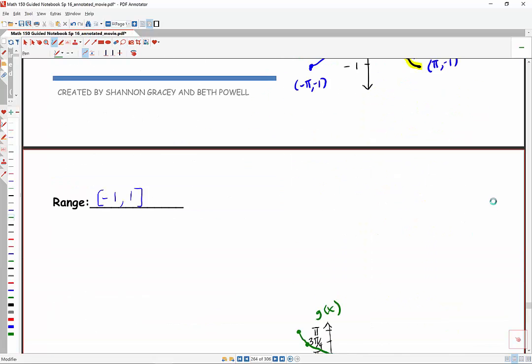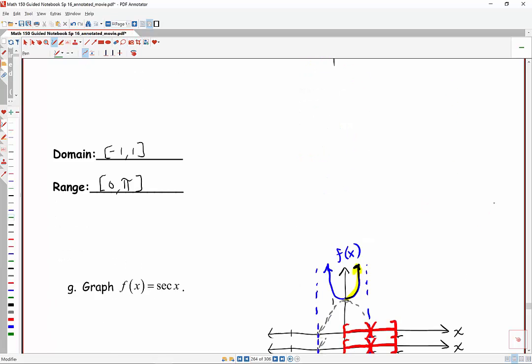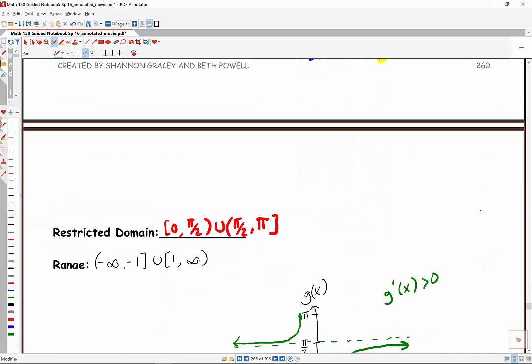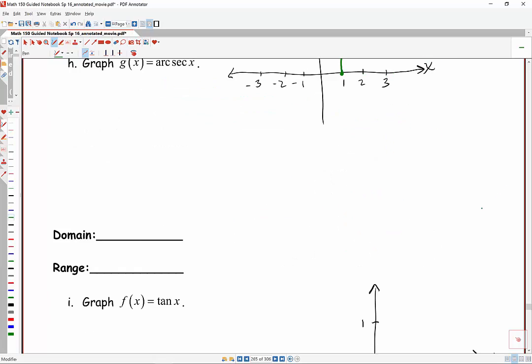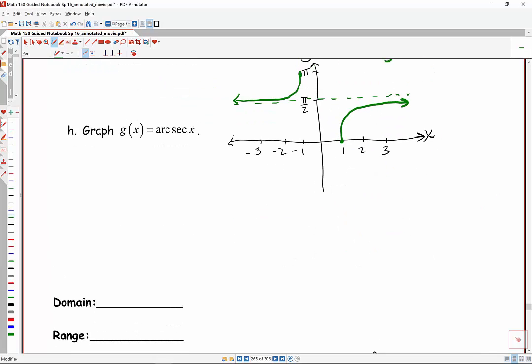Okay. All right. So moving right along, the domain of our graph is going to be negative infinity to -1 inclusive, union 1 to infinity, and the range will be from 0 inclusive to pi over 2 non-inclusive, union pi over 2 non-inclusive to pi inclusive.